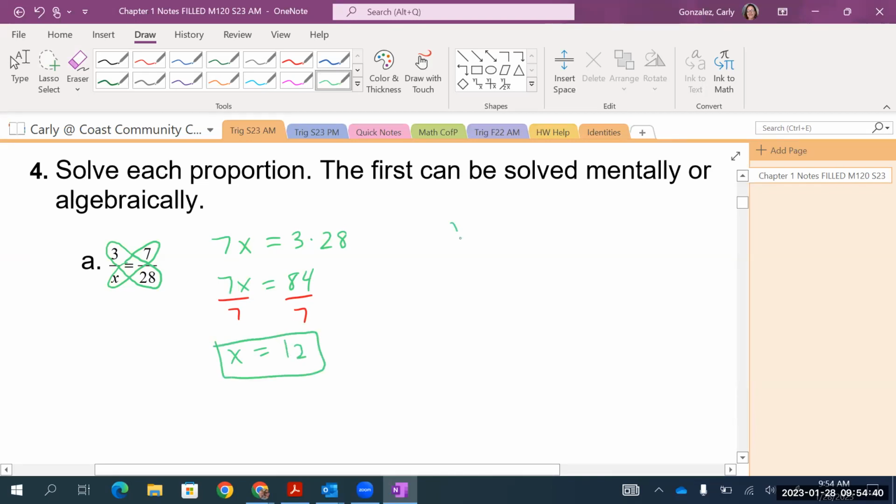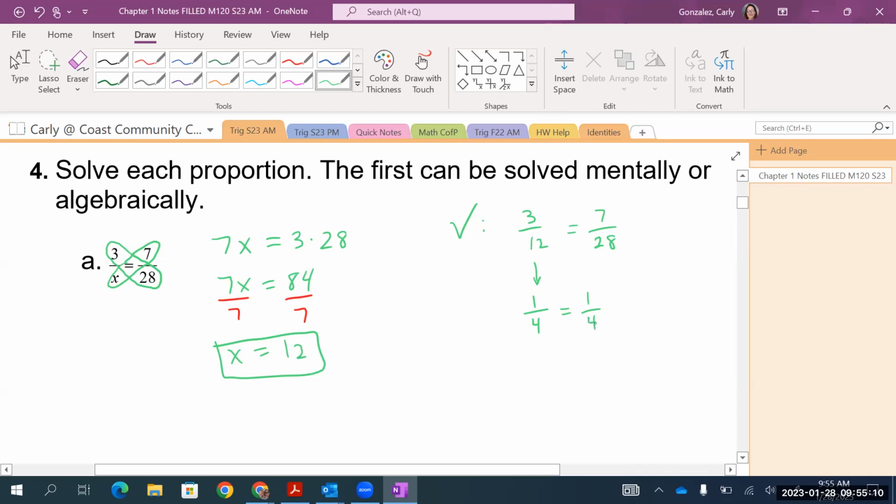And if we did want to check that, we could see 3/12 supposedly is supposed to equal 7/28. Well, let's reduce each of those. We can reduce those both by 3. 3 divided by 3 is 1, 12 divided by 3 is 4. And on the right, we can reduce those by 7. 7 divided by 7 is 1, and 28 divided by 7 is 4.